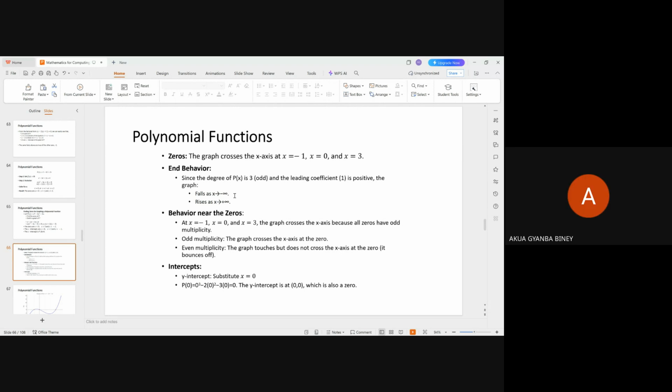So if x is negative, the graph will fall. If x is approaching the positive, it will rise. Behavior near the zeros: x equals -1, x equals 0, x equals 3.